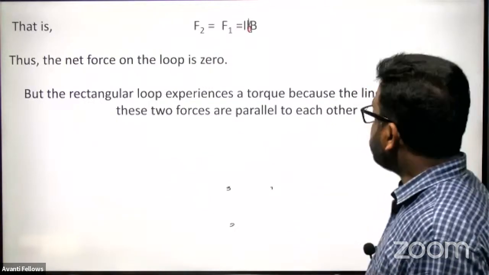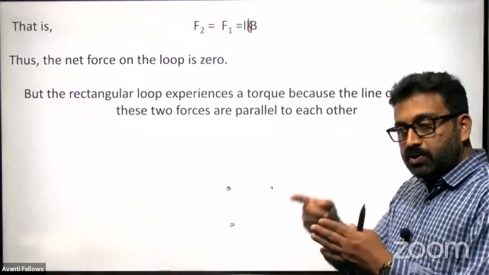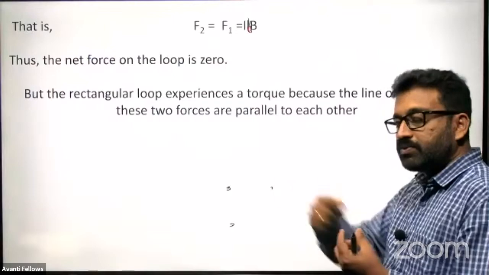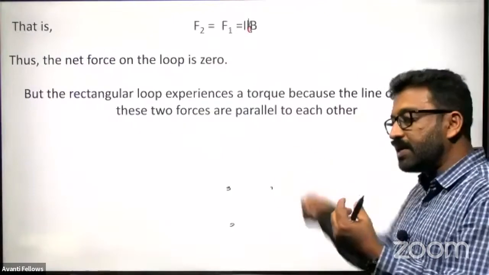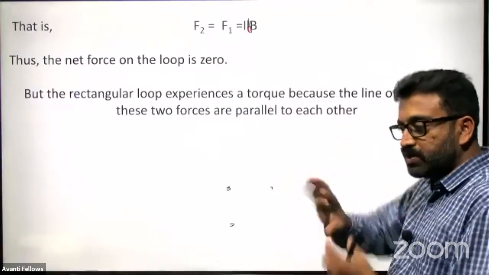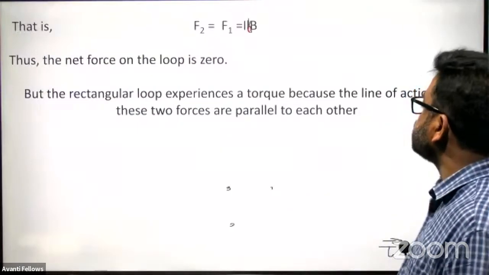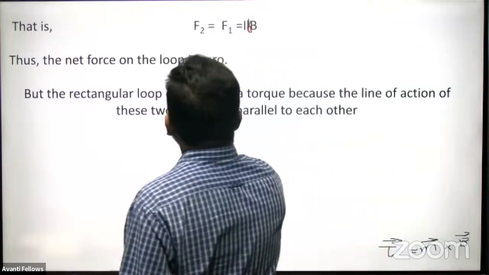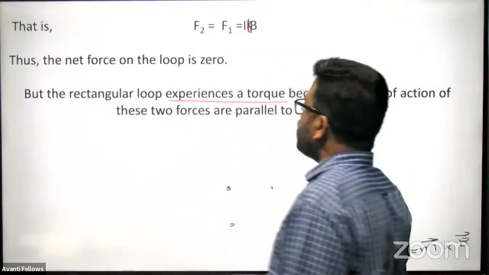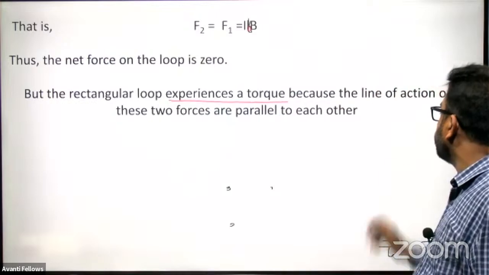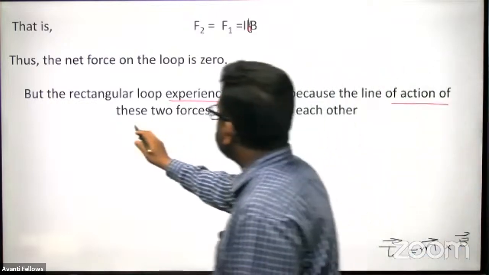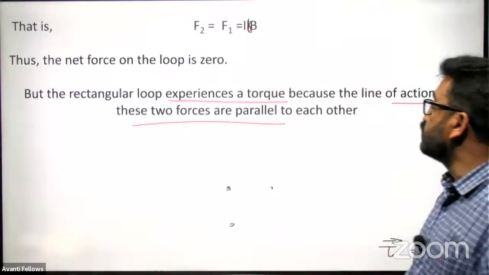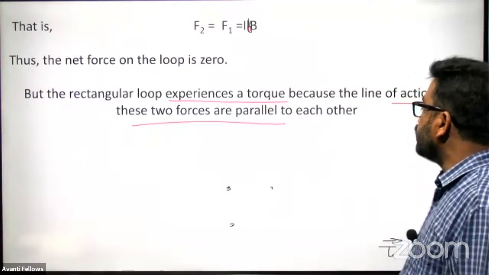But the rectangular loop experiences a torque because on one side of the loop the force is upward, and on the other side of the loop it is downward. So it will go for a rotation. You have to concentrate on this statement: it experiences a torque because the lines of action of these two forces are parallel to each other.